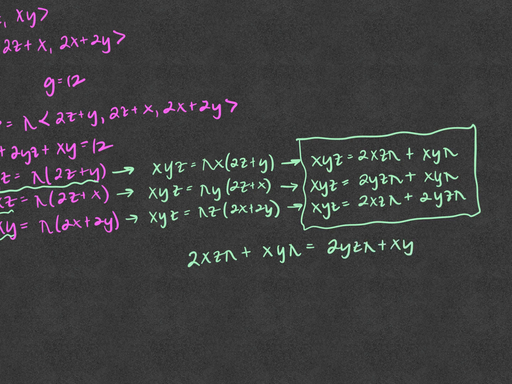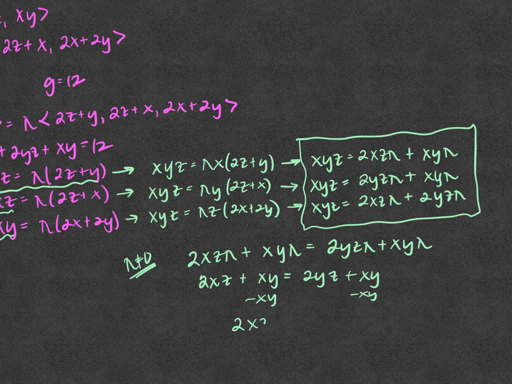So we set the top two equations equal to each other. Now we have a lambda everywhere, and it is not a good idea to divide by your variable, but in this case, we're going to divide by lambda. So we have 2xz plus xy equals 2yz plus xy. You just threw out the possibility that lambda could be 0, so you don't want to do that regularly, but we'll solve for lambda in a different way. Now we could subtract xy from both sides.